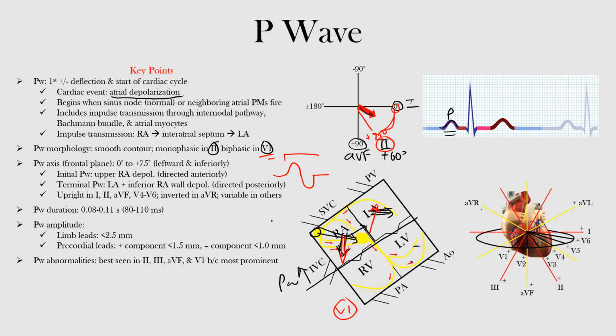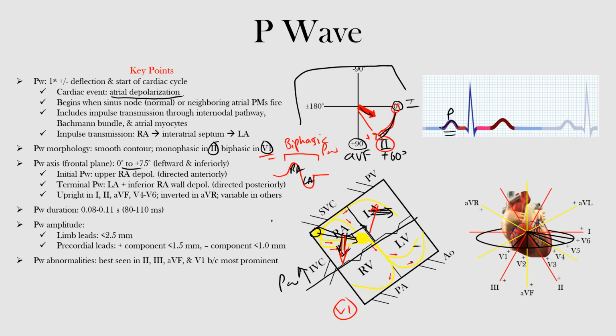And we call this a biphasic P wave, okay, and you'll see those in lead V1. The initial portion of that biphasic P wave represents the right atrium, and the latter terminal portion represents the left atrium. Now we said the P wave in the frontal plane, this is our frontal plane that we looked at here, is between 0 and positive 75 degrees, so in this region here, and is directed leftward and inferiorly.